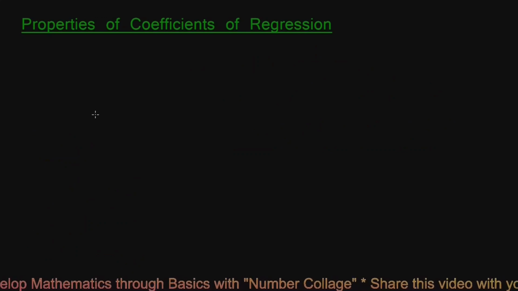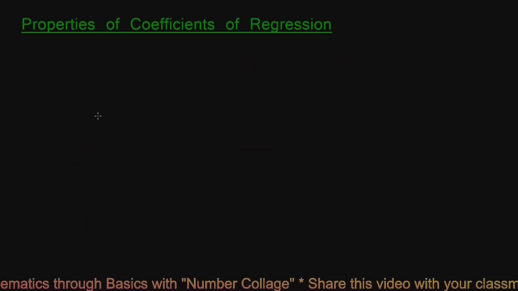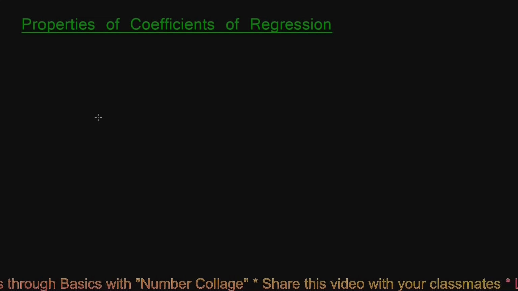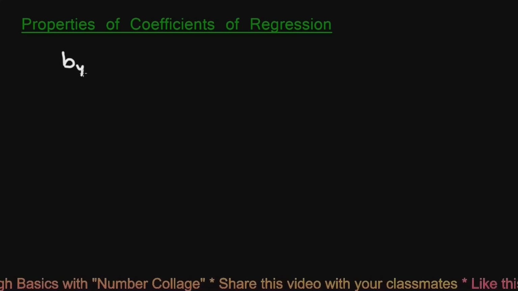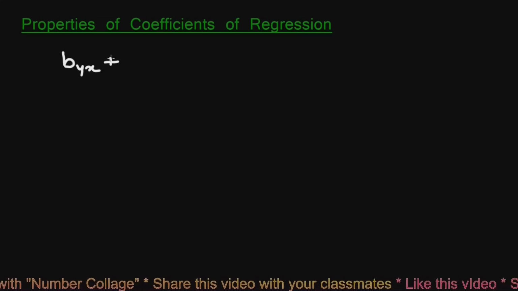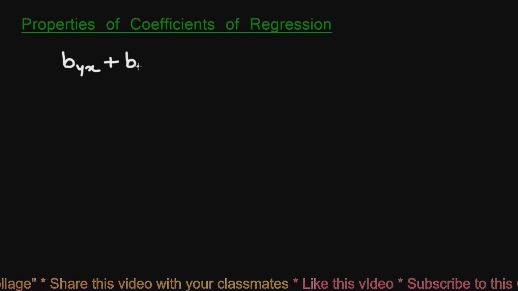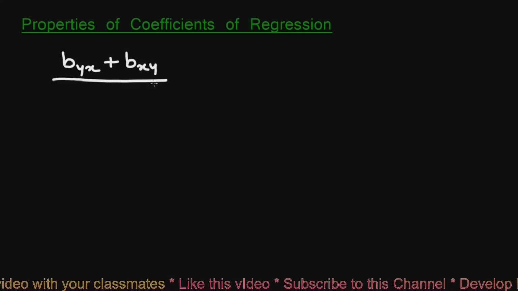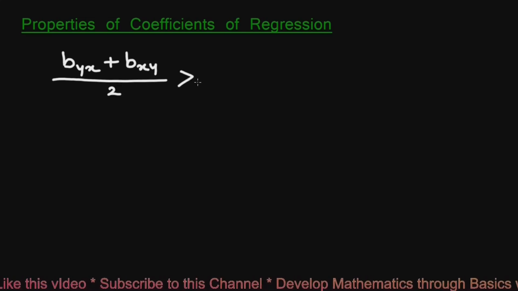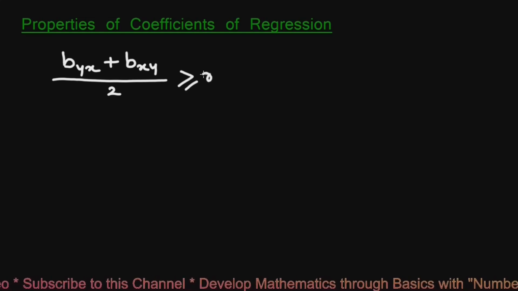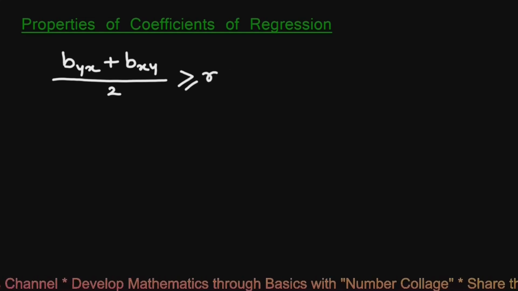We will find arithmetic mean of both the coefficients of regression, that is byx plus bxy, and half of it is always greater than or equal to coefficient of correlation r. Now let us prove this statement.